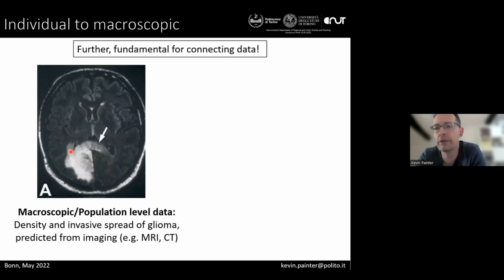A similar thing can be talked about in the context of cancers. In one of those case studies, the glioma growth, the macroscopic data is something like the distribution of a cancer as predicted by imaging, such as MRI or CT scans. That gives me a macroscopic distribution of that population of cancer cells.